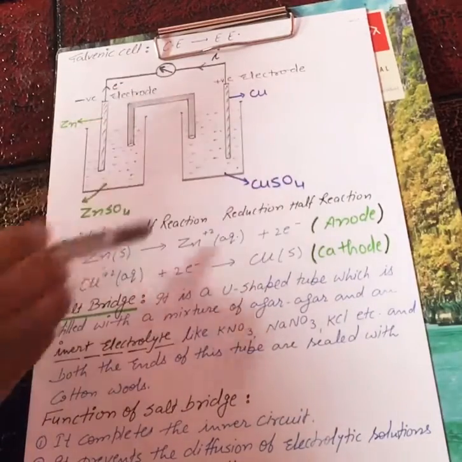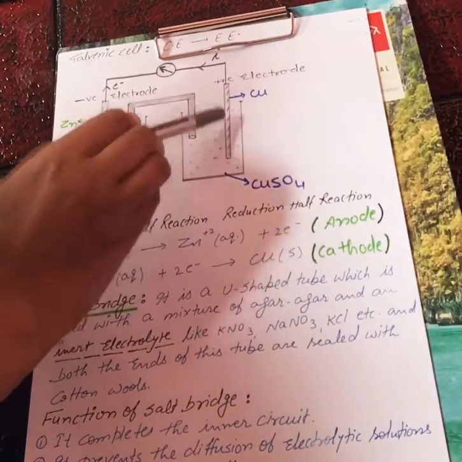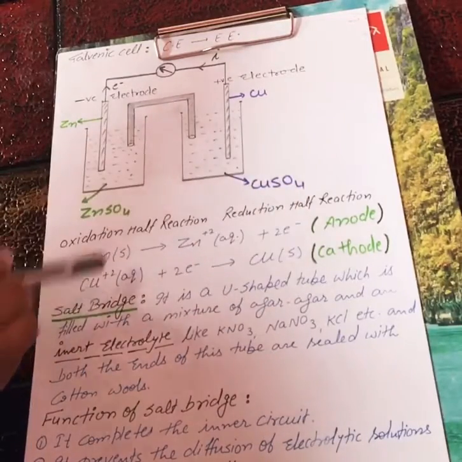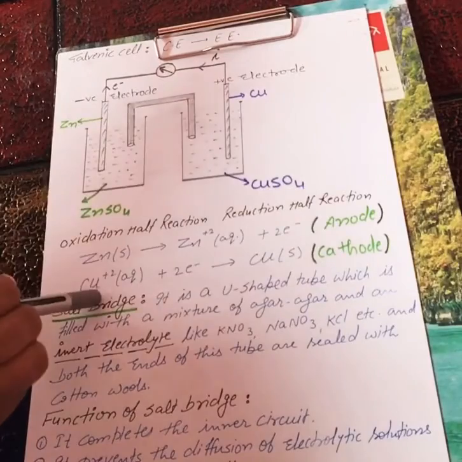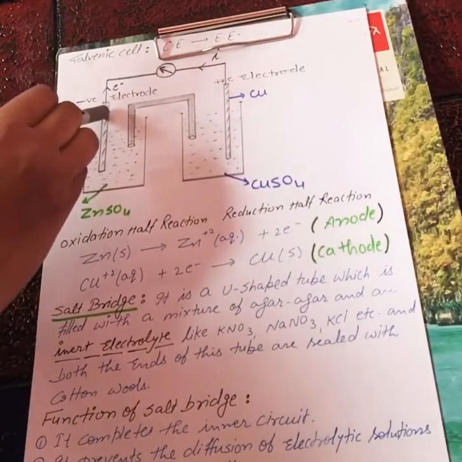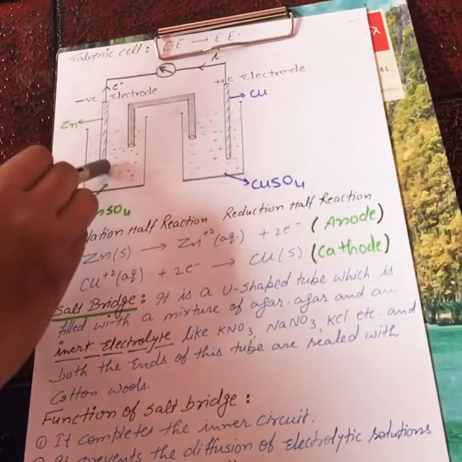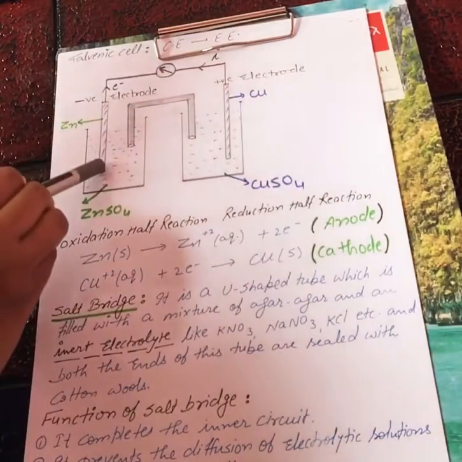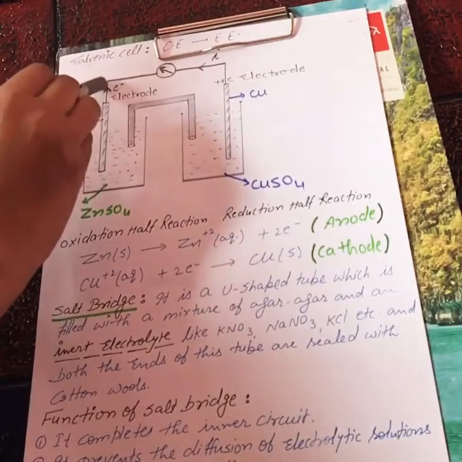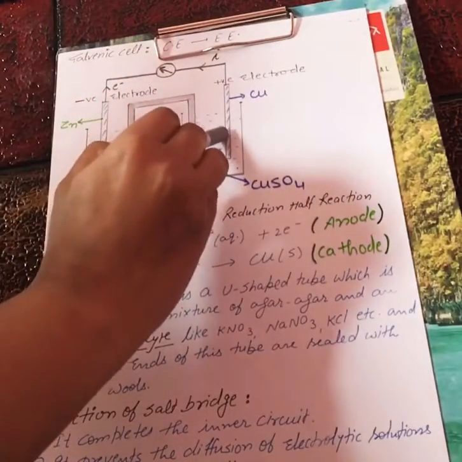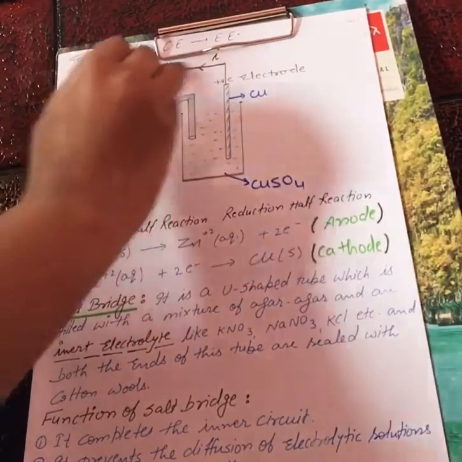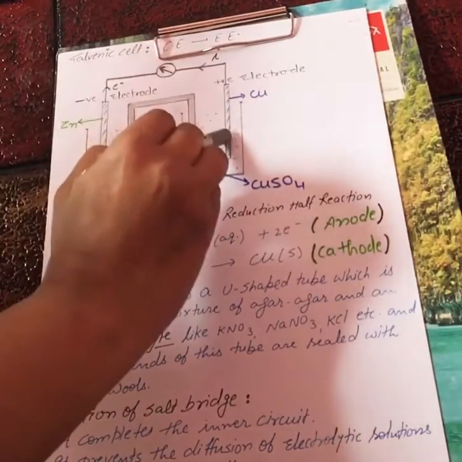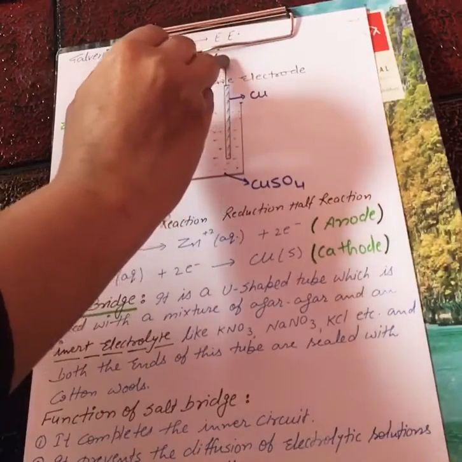While on this plate, copper ion Cu2+ will change into copper by receiving the electrons which will be developed from the anode plate to the cathode plate. That means electrons will move from anode plate to cathode plate. When electrons move from anode plate to cathode plate, current will move in the opposite direction.